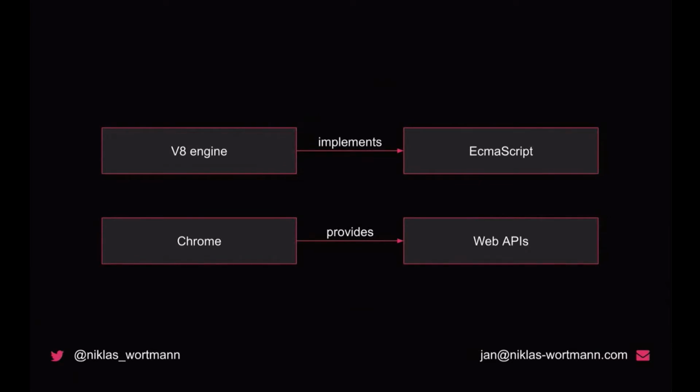And this implements the ECMAScript standard. So all the new shiny features that we like to use, like object spread and array spread and destructuring, all that comes with the ECMAScript standard. But on top of the V8 engine, our browser provides additional web APIs. Everything that is DOM related is some kind of web API that is not part of the V8 engine, but part of the browser.